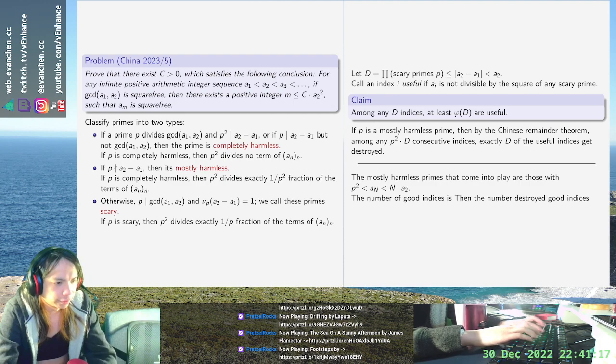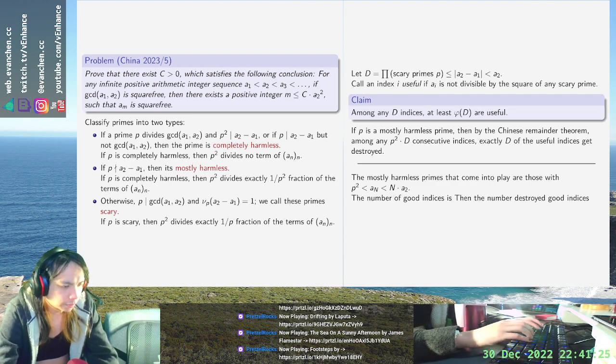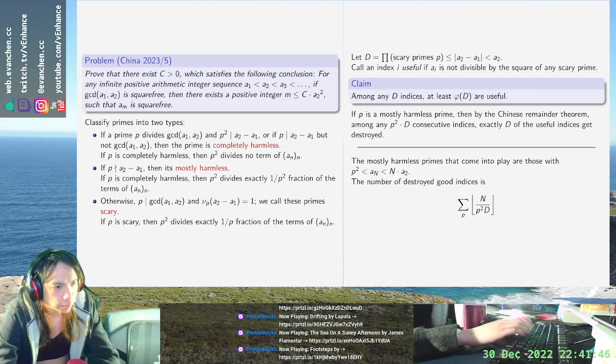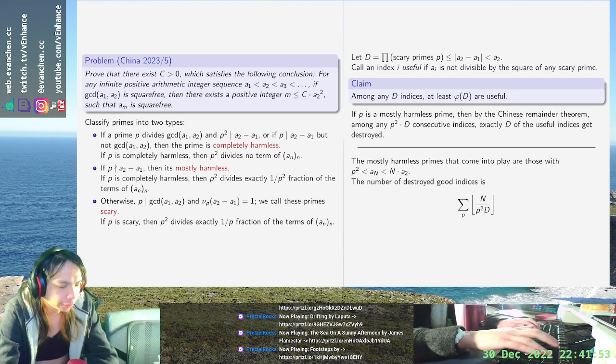So the number of destroyed good indices is, you lose, in each of the full cycles for n over p squared d, exactly d of them get destroyed. And then you have an error that corresponds to how bad your rounding was.